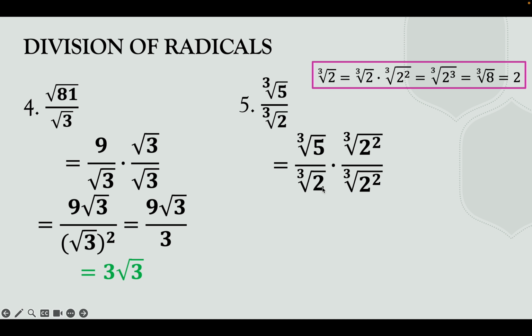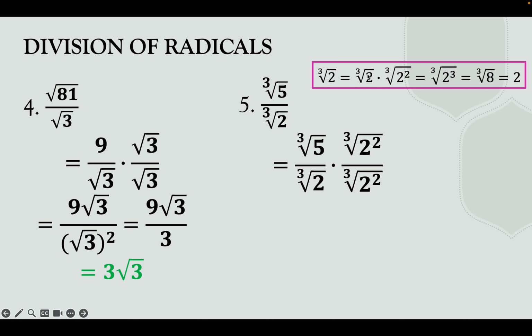So all we need to do, class, is think of a number to multiply so that we have 2 raised to 1. What will be the value that we are going to multiply so that we can have 2 raised to 3? That means we have 2 raised to 2. Why? Because in the laws of exponents, when you multiply exponents that have the same base, you just need to add the exponents.